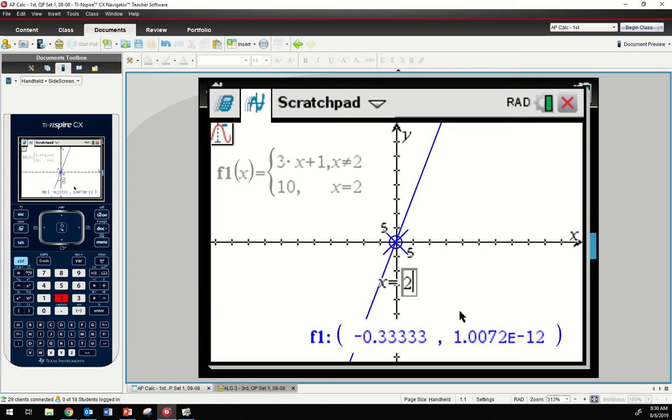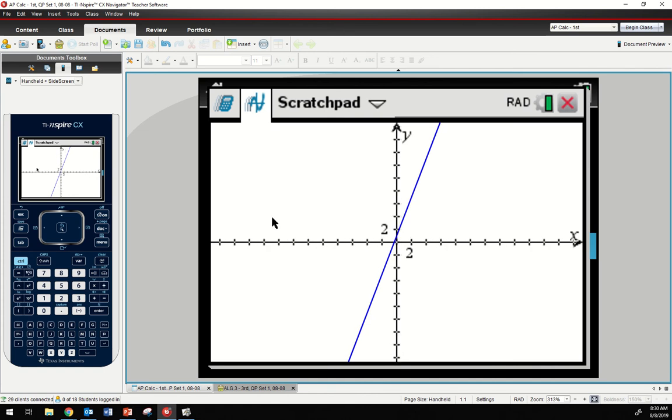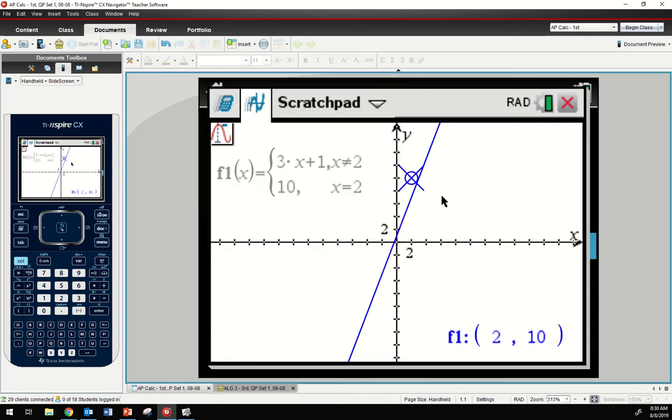Once you turn it on, you can just hit the number and it'll say that x equals 2. Enter. It says 2, 10. Is that on my line? No, it is not on the line. I went too far, so let me try that again. Menu, trace, graph, and there's 2, 10 right there. So when x is 2, it's 10. It's not on my line.